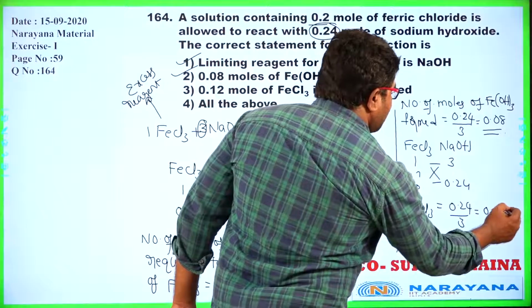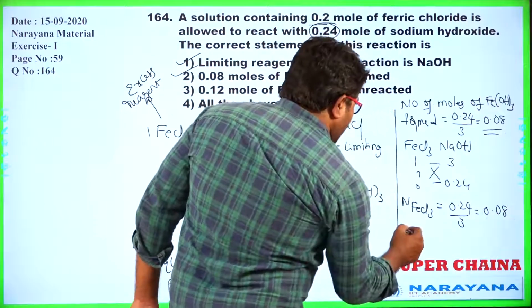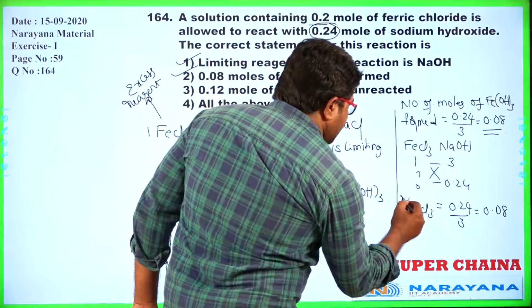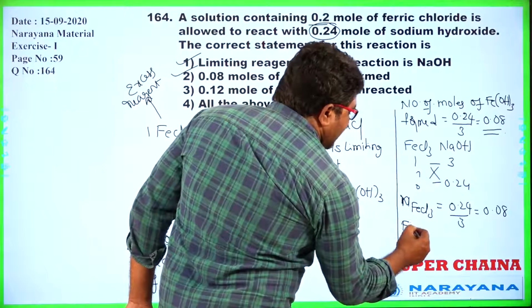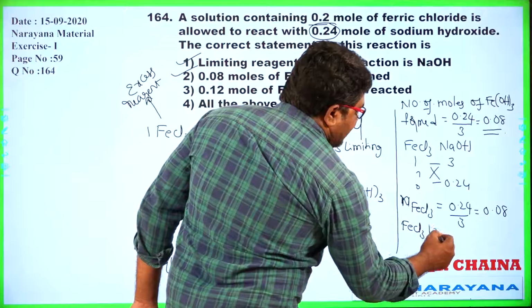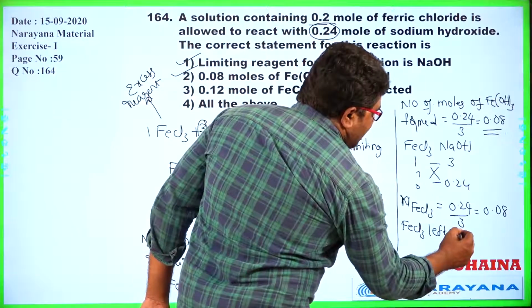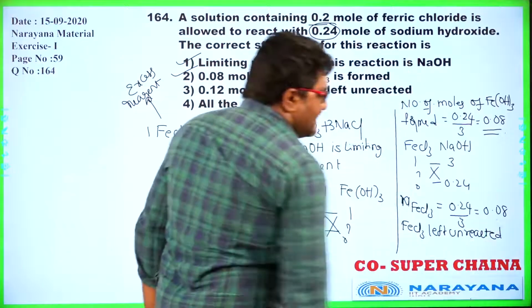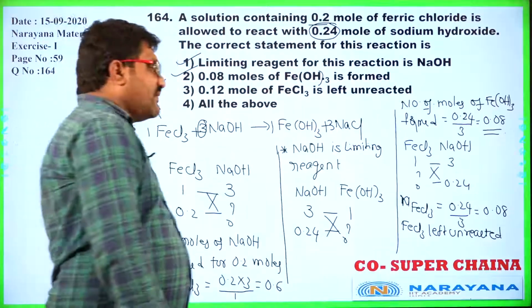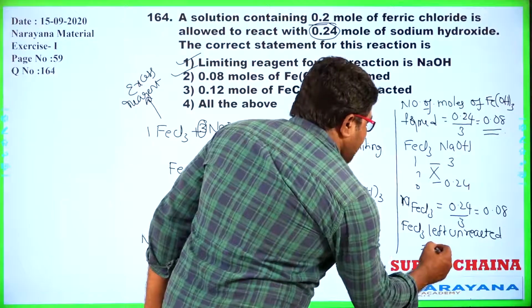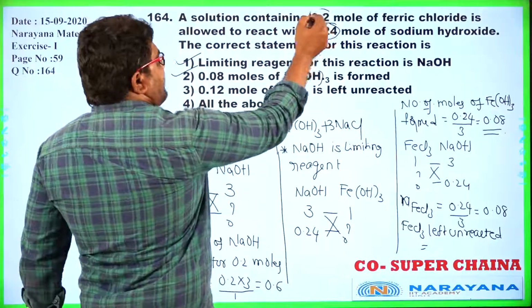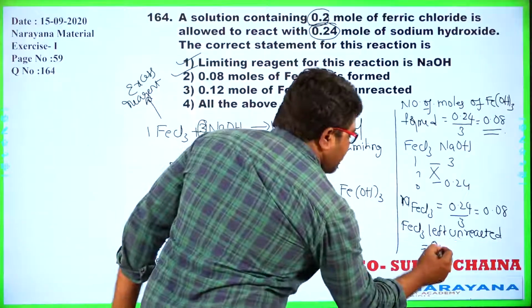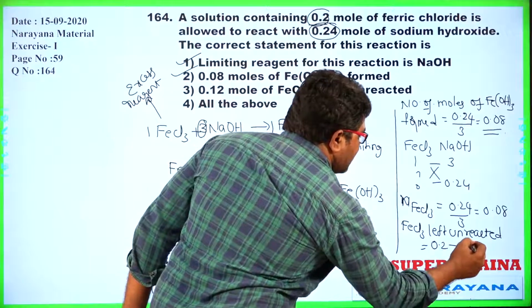That is equal to 0.08. So the number of moles of FeCl3 left unreacted is equal to the initial FeCl3 taken, which is 0.2, minus the amount of FeCl3 consumed, 0.08.